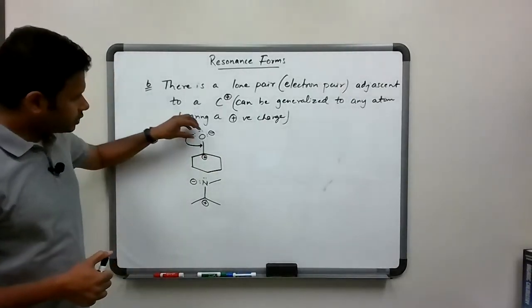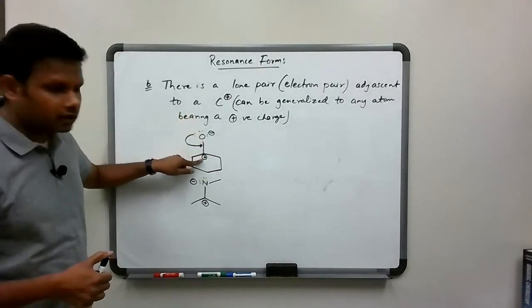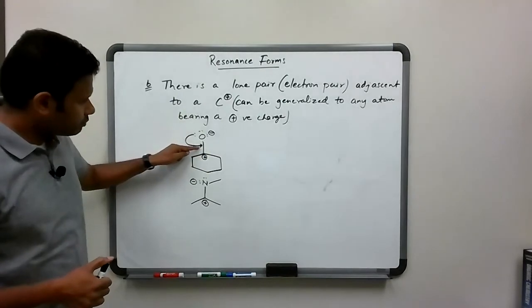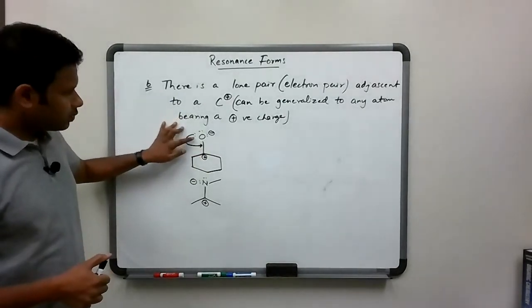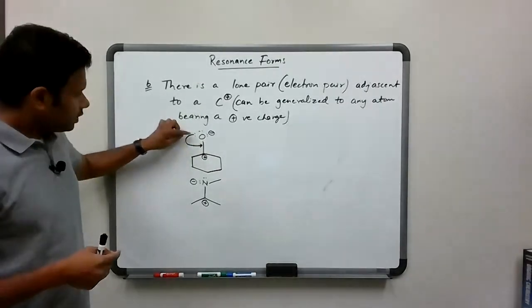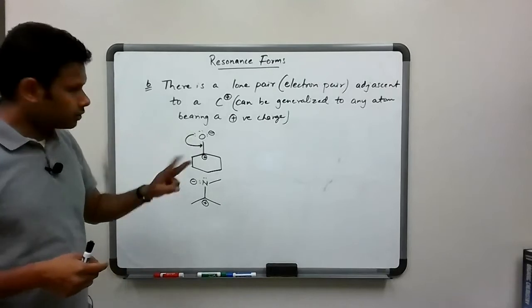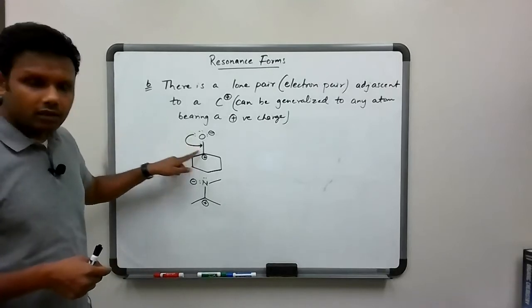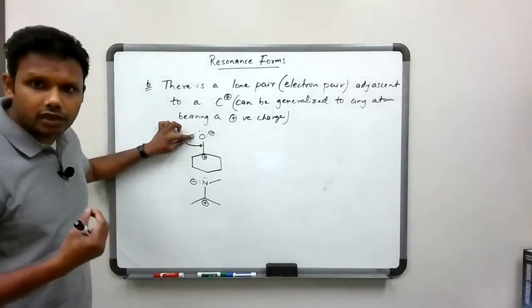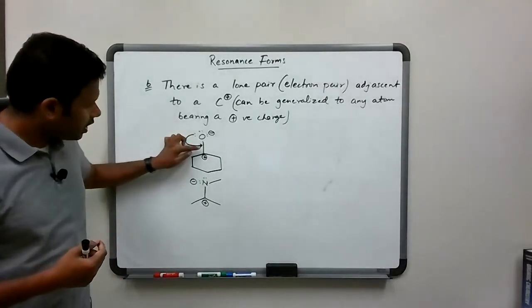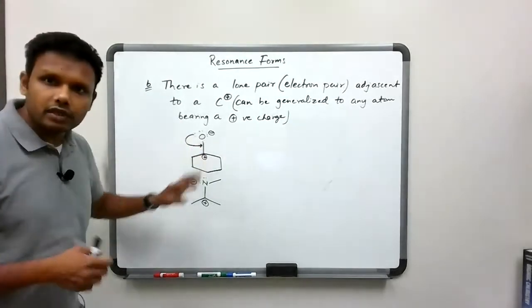What I did is I took the lone pair from the atom that's next to the positive charge and moved it to the space between that atom and the carbon atom. My arrow is a double-headed arrow because I'm moving two electrons. It starts from the lone pair, that pair of electrons, and it points towards the space where those electrons are going.